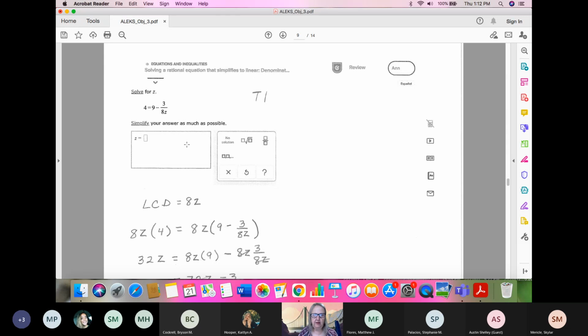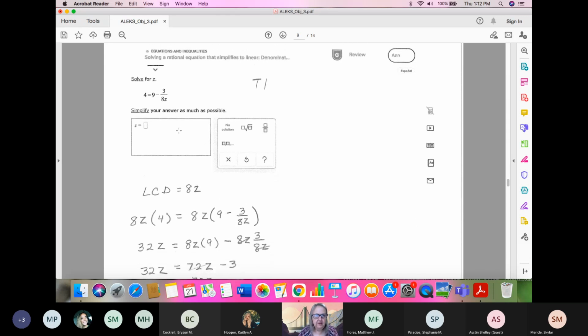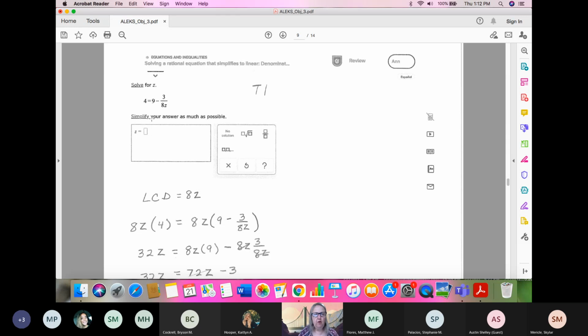So for example, in this one, I think this is big enough here. 4 equals 9 minus 3 divided by 8z. The first step of the process is to completely factor all denominators, but there's no way to factor the single denominator that we have.